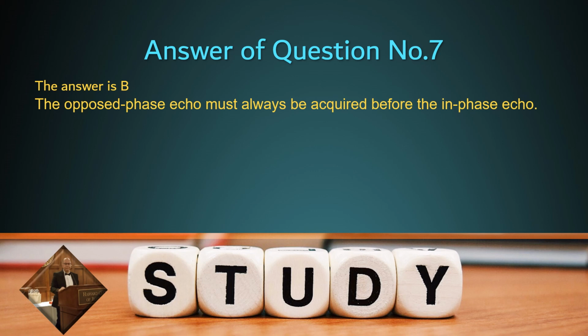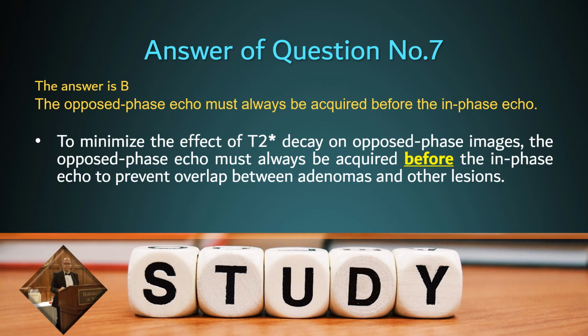Thus, to minimize the effect of T2 star artifact on the opposed phase image, the opposed phase must always be acquired before the in-phase echo, to minimize this effect and to prevent the overlap between the adenoma and other lesions.